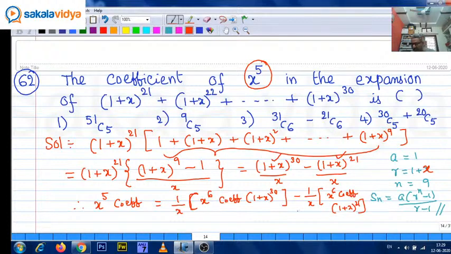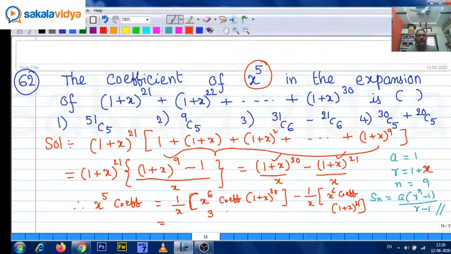See, the x to the power of r coefficient in (1 plus x) to the power of n is nCr. So here we can write 30C6.